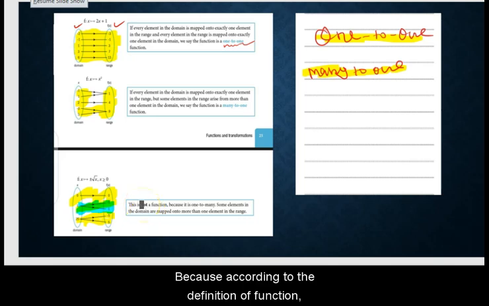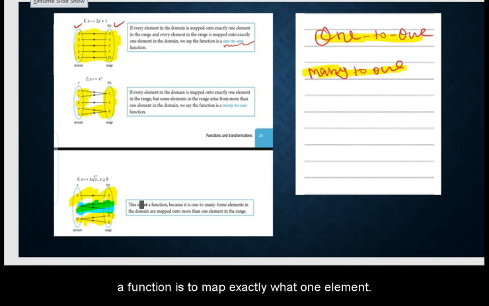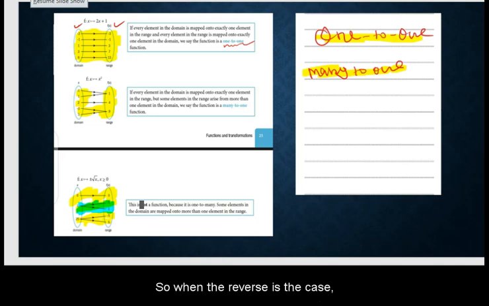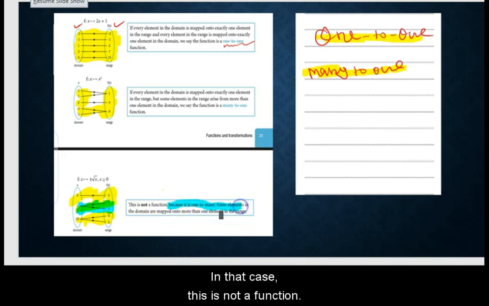Because according to the definition, a function is a mapping where every element of the domain is mapped onto exactly one element of the range. So when the reverse is the case, the definition of a function no longer holds. In that case, this is not a function.